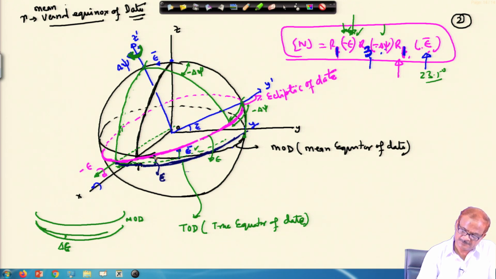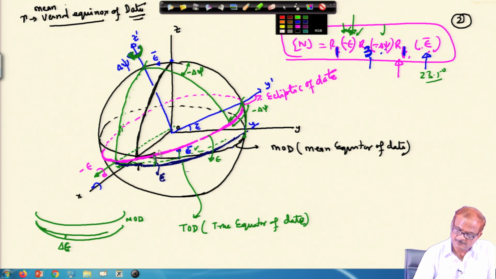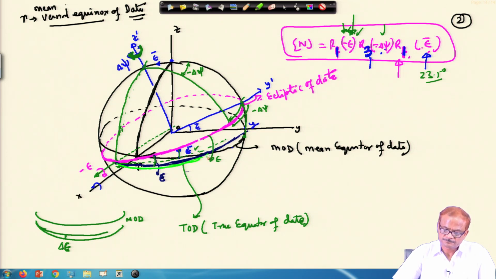Okay. So, this is shown here by this dark line. Actually, this line is very much distorted, and therefore, it appears to go like this.